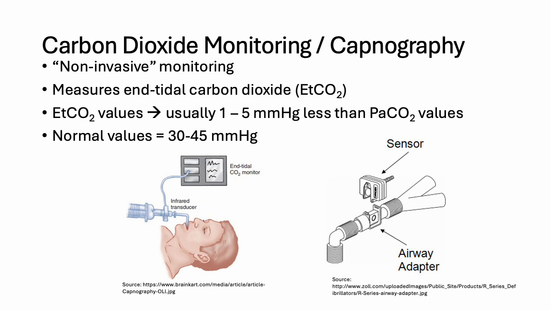Okay, so most patients now in the ICU will have end-tidal CO2 monitoring, so that we don't always need to take an arterial blood sample and run an arterial blood gas to look at how the patient is ventilating. Okay, we can monitor the patient's ventilation through EtCO2.